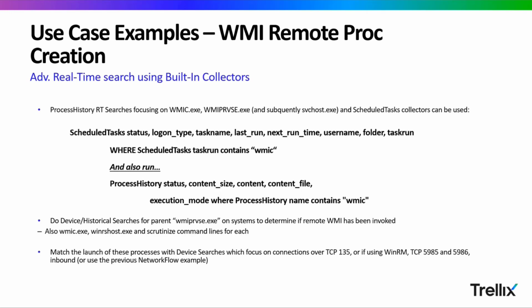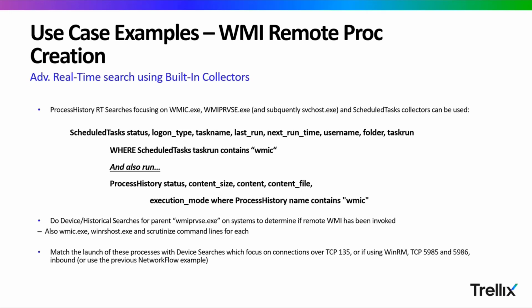We would also want to combine this for other elements in your threat hunt, such as understanding if a parent such as WmiPrvSE has been launched. And that would give us some indication that remote WMI has been invoked, and maybe by policy we turned that off, but this would allow us to go and historically see if that has been disabled or has actually occurred in this environment.